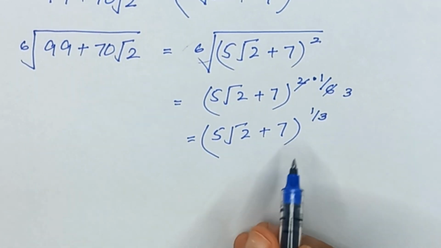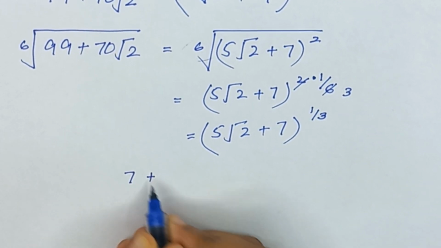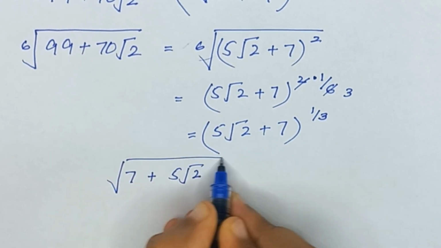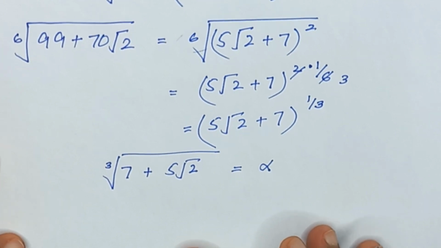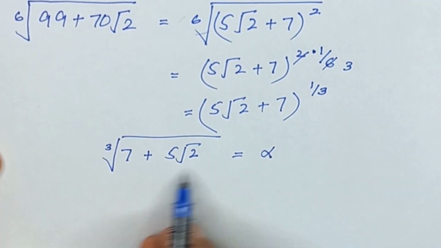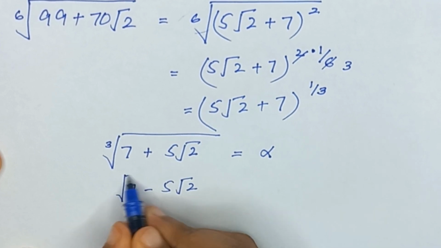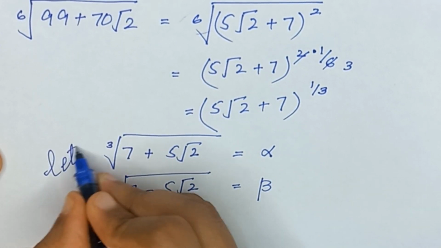Okay, now I will let this 7 plus 5 square root of 2, and its cube root, be alpha, and now I will take the conjugate of this term, 7 minus 5 square root of 2, and its cube root as beta. I will just let that.